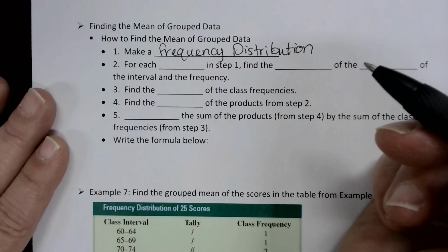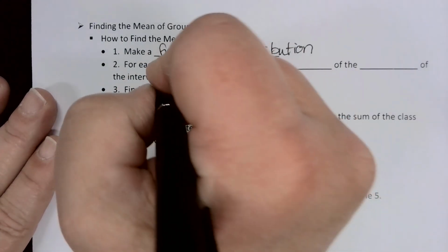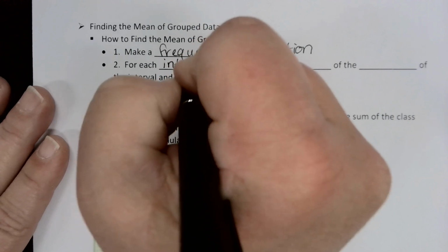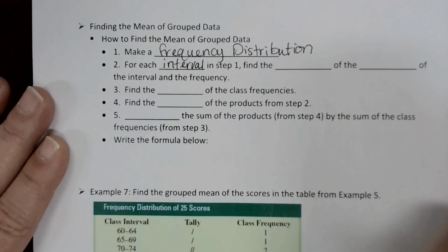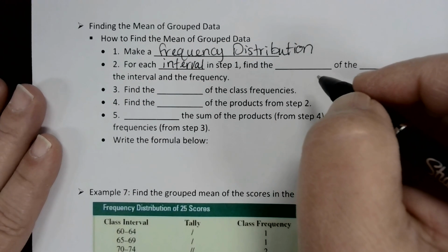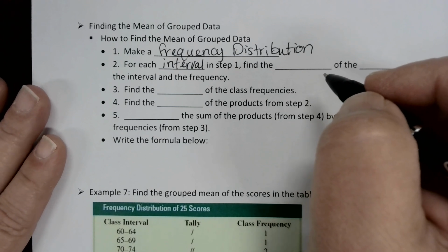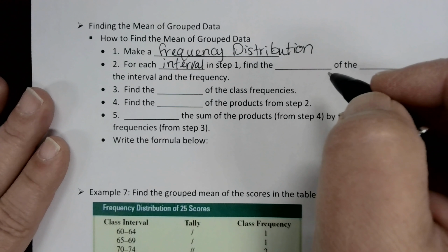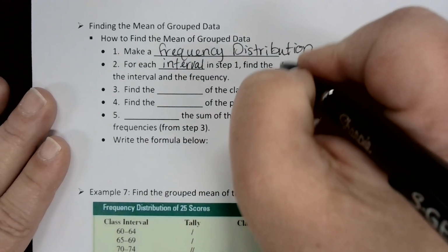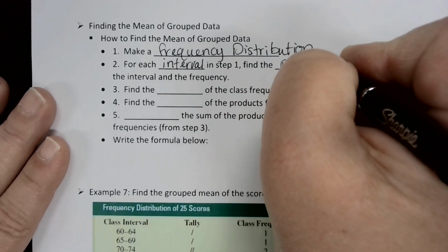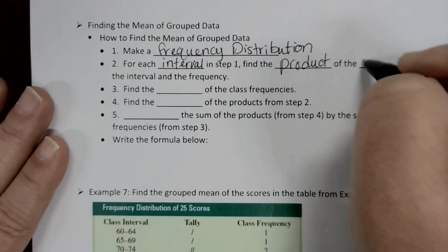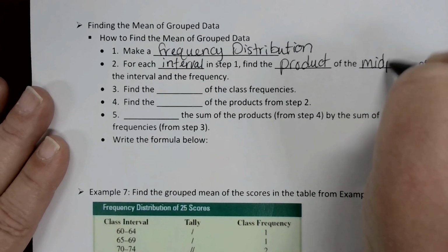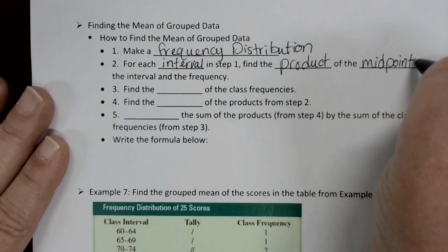For each interval, in step 1, we're going to find the product of the midpoint of the interval and the frequency, okay?